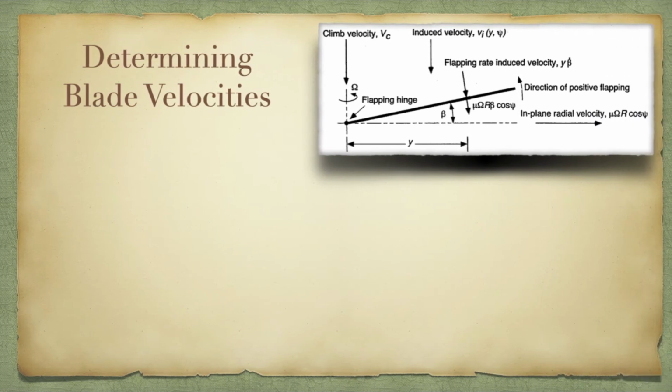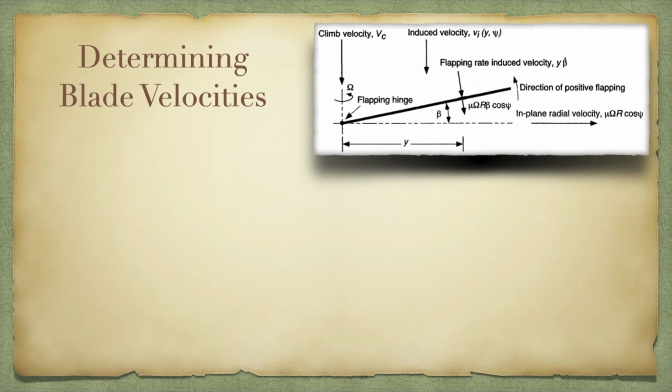Next is determining blade velocities. In forward flight, the blade element velocity components are periodic at the rotor rotational frequency. As for the hover case, there is an in-plane velocity component because of blade rotation about the rotor shaft. But now, in forward flight, a further free stream or translational part is also there.